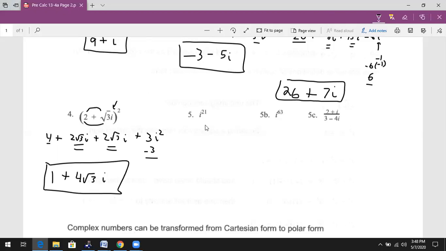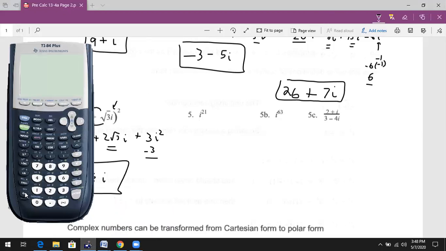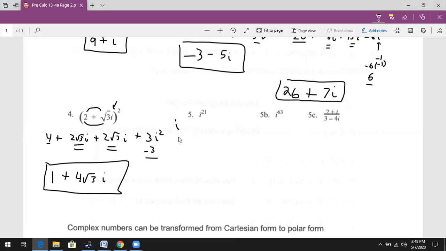Now, earlier I said you should never have i to a higher power than 1. So here we have i to the 21st power. If I take 21 and divide it by 4, it's going to cycle through that pattern 5 times. So it'll be i, negative 1, negative i, 1. i, negative 1, negative i, 1. i, negative 1, negative i, 1.